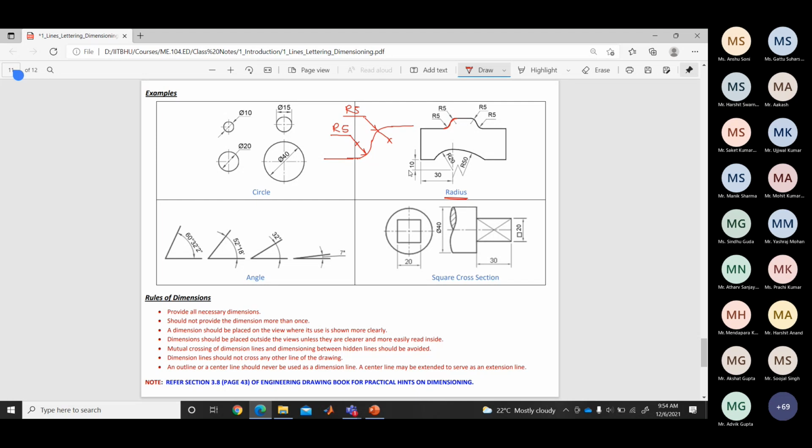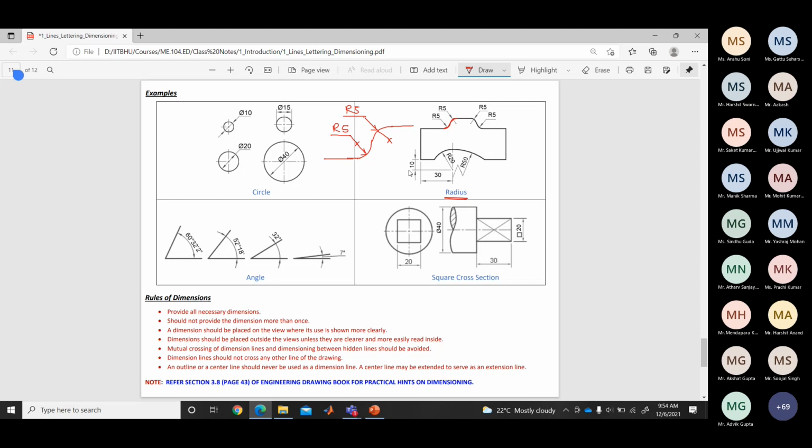Also, there are some rules like the mutual crossing of dimension lines should be avoided. Mutual crossing of dimension lines should be avoided. Alright. So for example, let's say this is one dimension line, and let's say another dimension line is coming like this.